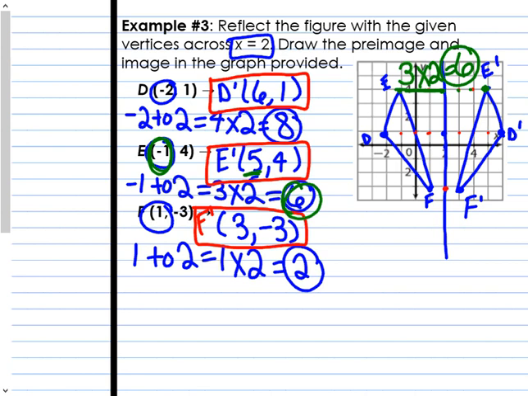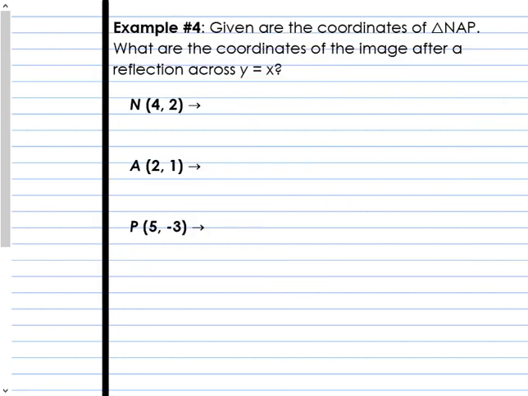One more. Example number 4. Given are the coordinates of triangle NAP. What are the coordinates of the image after reflection across y equals x? So after the reflection y equals x, my points start off x, y. If you look back at the front of your page, when I'm reflecting across the line y equals x, that simply means that I'm going to write the coordinates in that form, y, x.